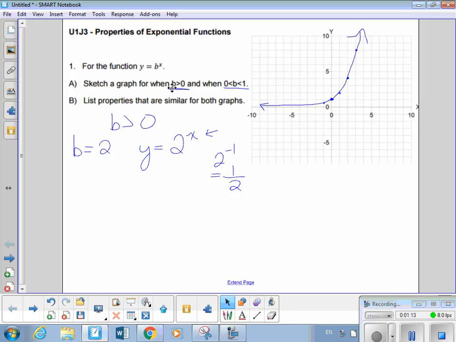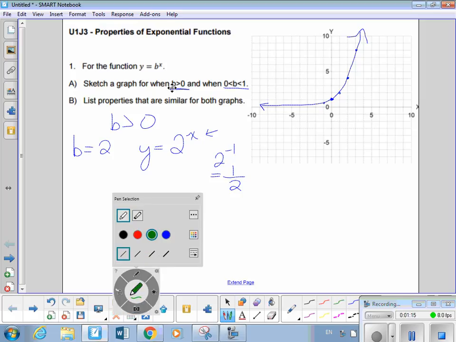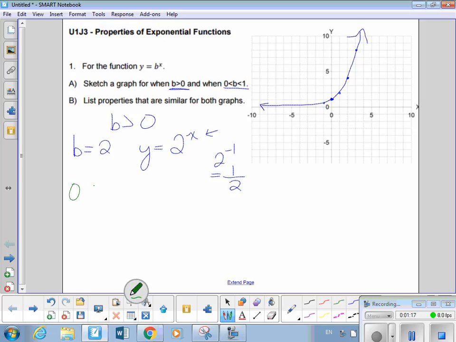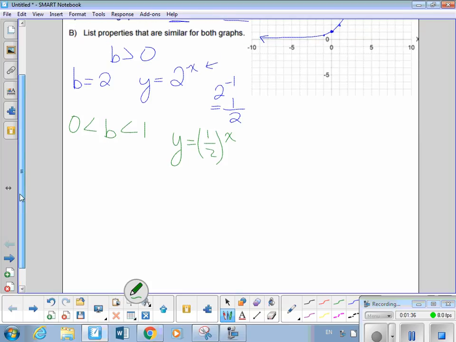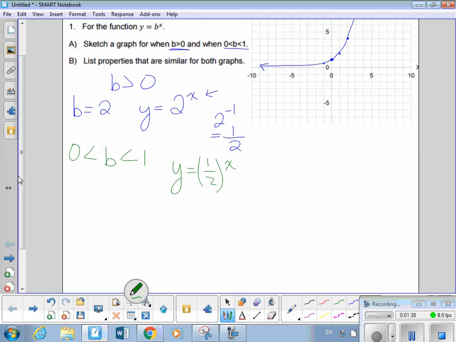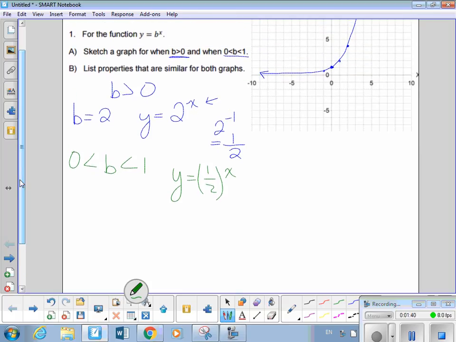Some of us, however, have difficulty when b is between 0 and 1. Notice it's not 0, and notice it's not 1. So let's choose a number, let's choose a half. So we have y equals 1/2 to the power of x. Same kind of thing here. If we choose 0, anything to the 0 we know is going to be 1, so it intersects there.